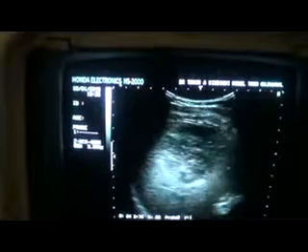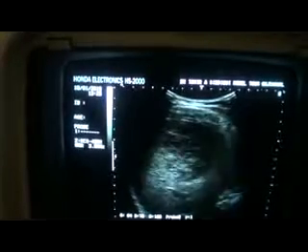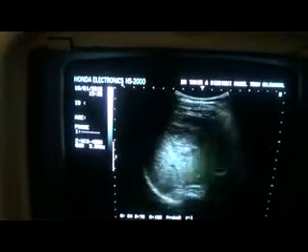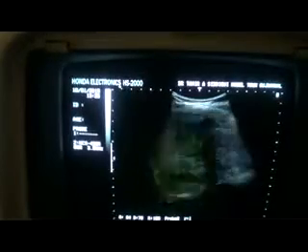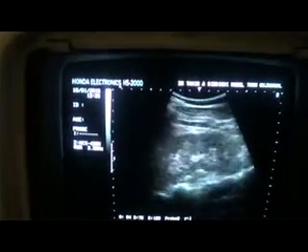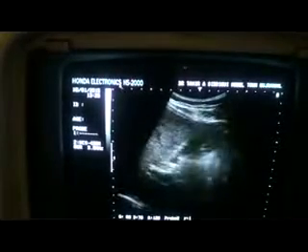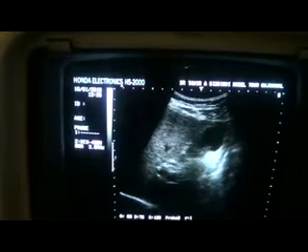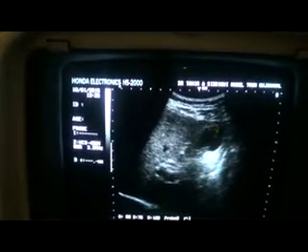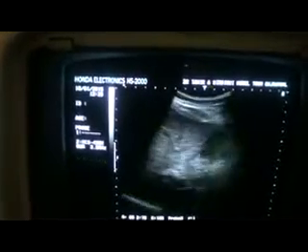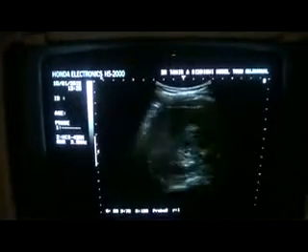So now this is the kidney. It does not relate to the kidney. Kidney is okay. This is the gallbladder. Gallbladder is okay. This is the portal vein, and there is no fluid above the diaphragm.